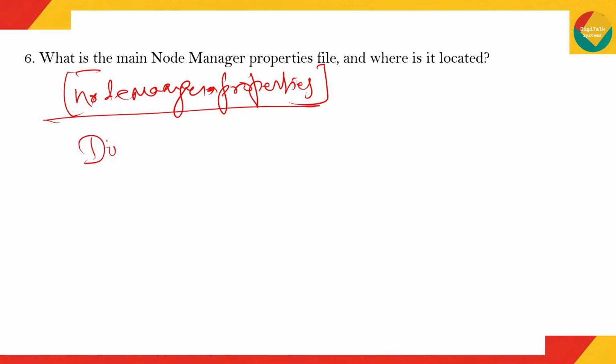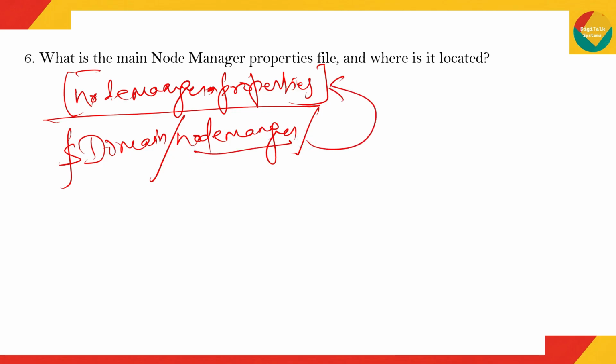And what is the location of this file? If you go to the domain, inside the domain you will see a folder with the name nodemanager. Inside this nodemanager folder you will have a file called nodemanager.properties. This file, inside the nodemanager folder of your domain, will have multiple important parameters of your node manager. One of the parameters, for example, is port.